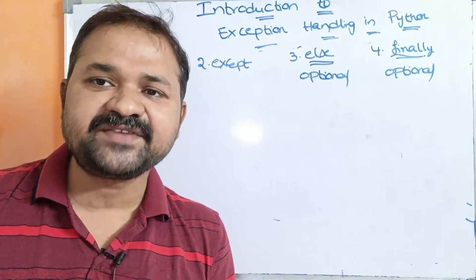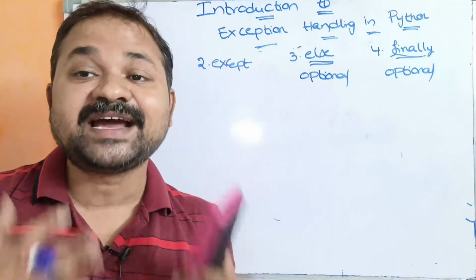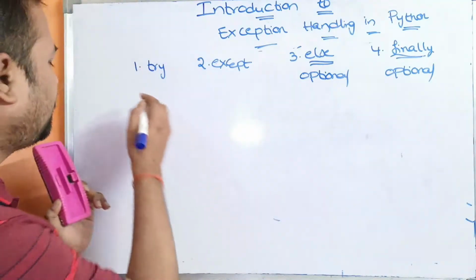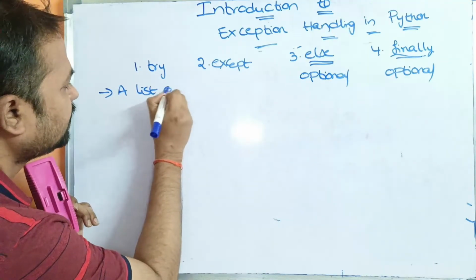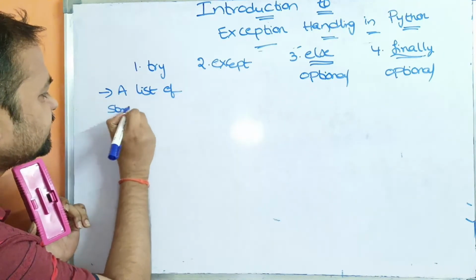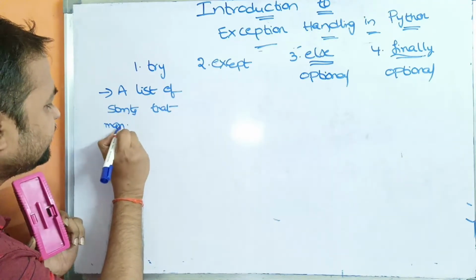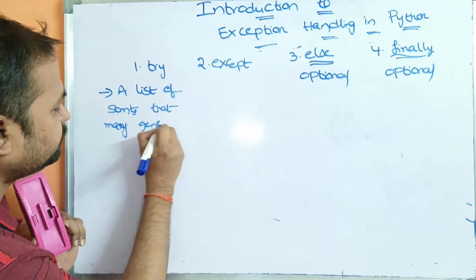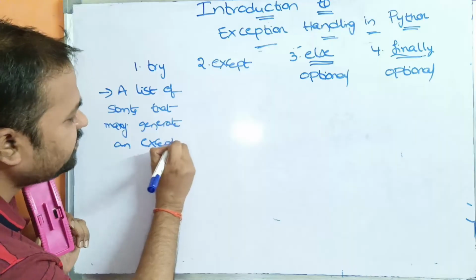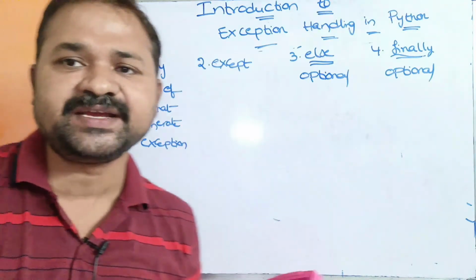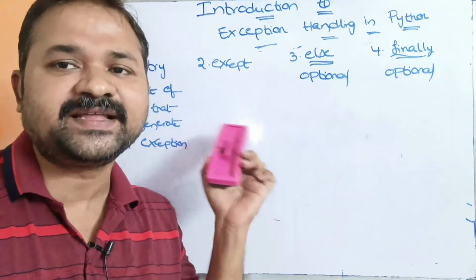First, let us see what try does. Try contains a list of statements that may generate an exception. Suppose there is a possibility of a statement raising an exception, then we have to place that statement in the try block.